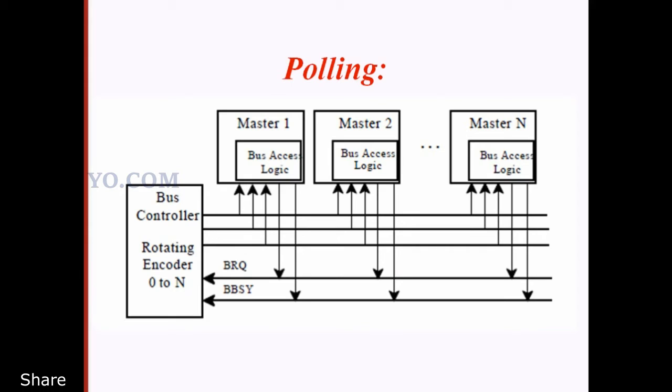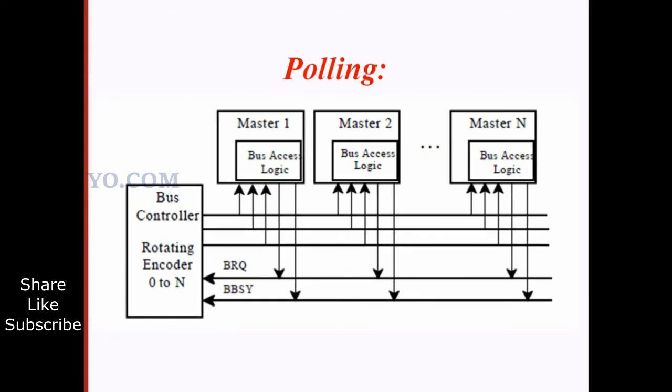Next we are going to see polling. Polling is also the same as the previous method, but here the signals are not transferred in a chain way. The same concept applies: the bus busy and bus request signals are connected with all the masters.